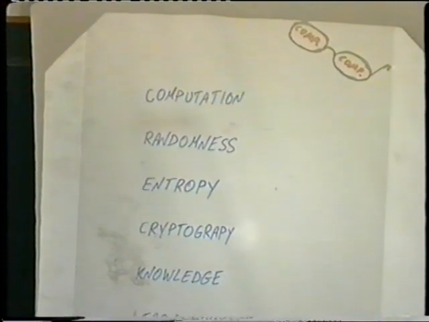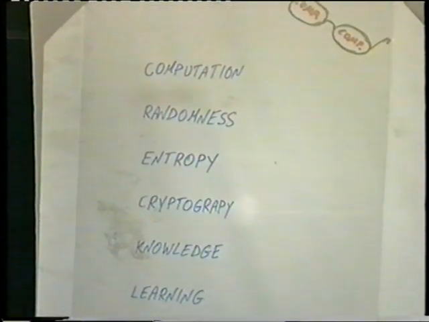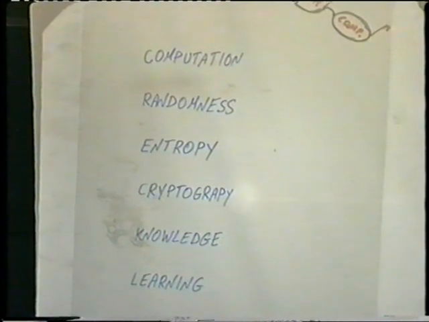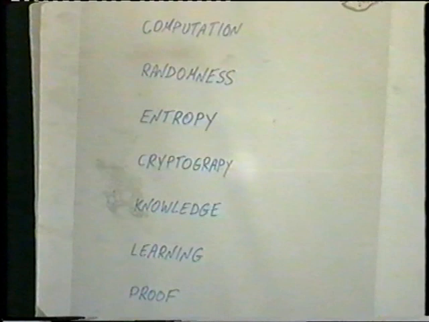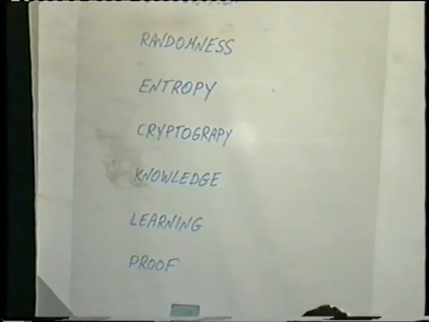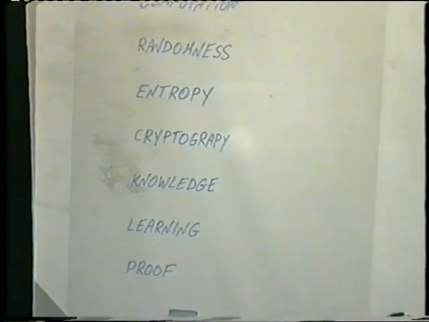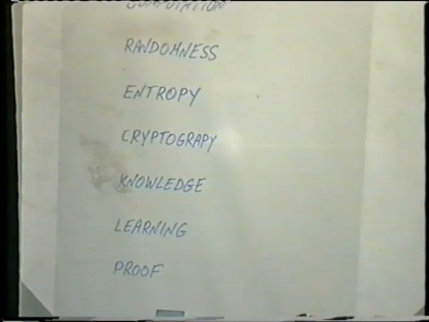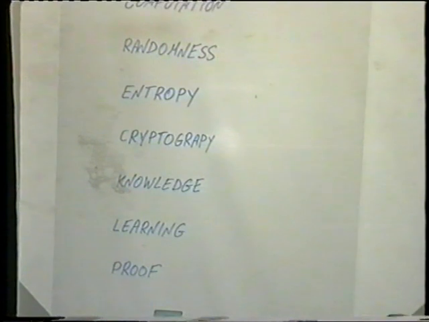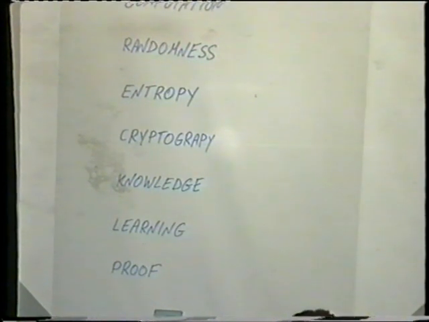Well, computation is clear that we want to play with that, but also the notion of randomness, of entropy, questions of cryptography, secrecy, trust, fault tolerance, the definition of knowledge, what it means for a machine to know something, for example, learning, what it means, the piece of meat that Misha was talking about, and of course, as Sasha already demonstrated, we love to play with the notion of proof.